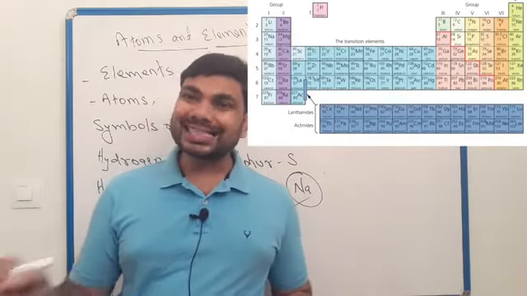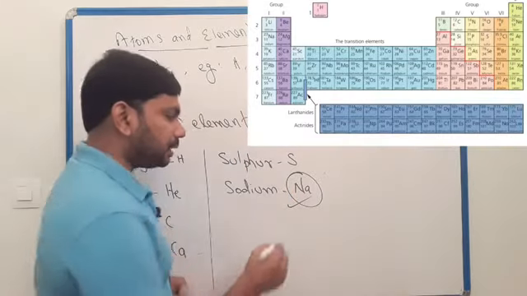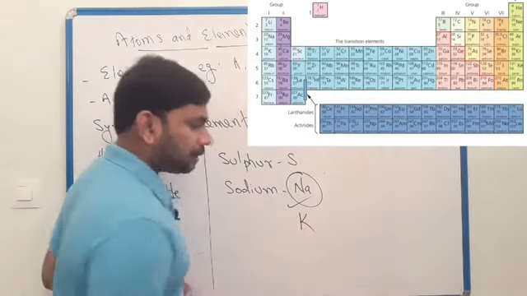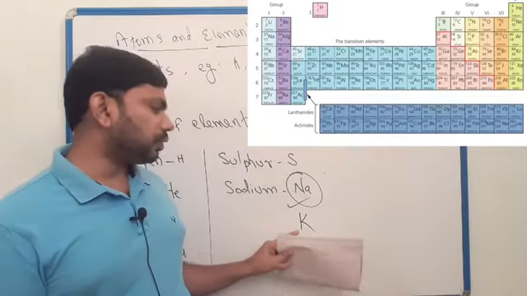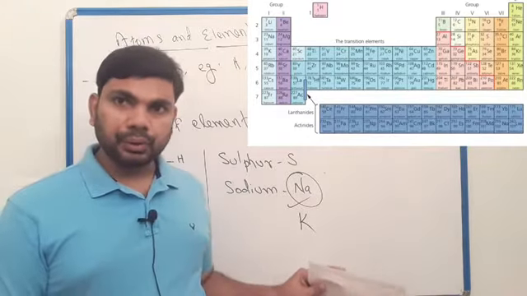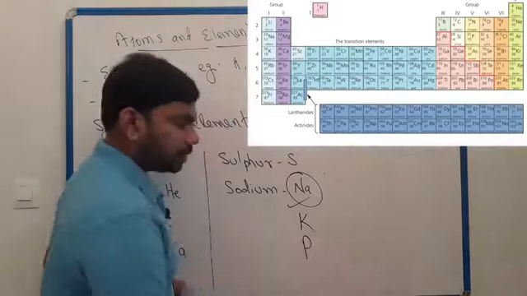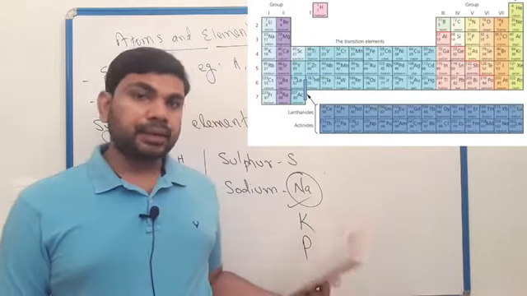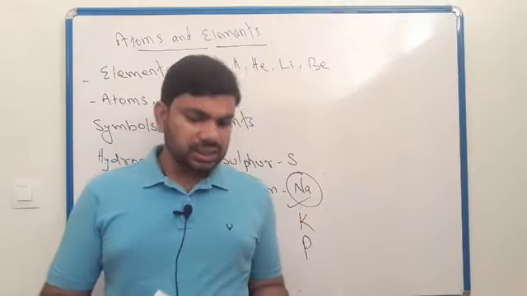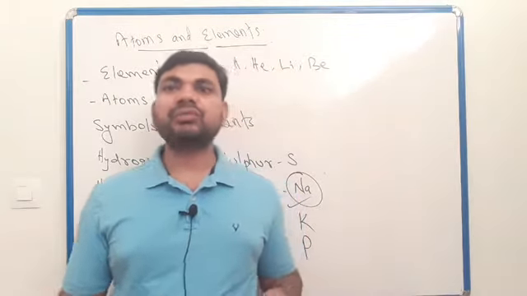Similarly, potassium is not P. The Latin name of potassium is kalium, so we use K to represent potassium. Phosphorus is P. So remember, phosphorus, P; potassium, K. These are some symbols of elements.